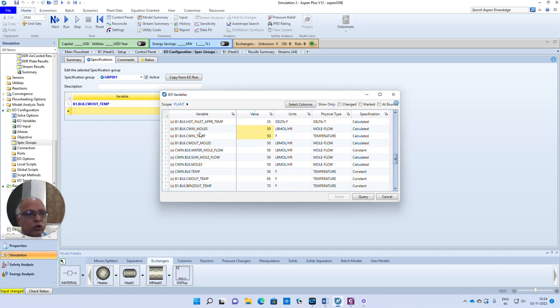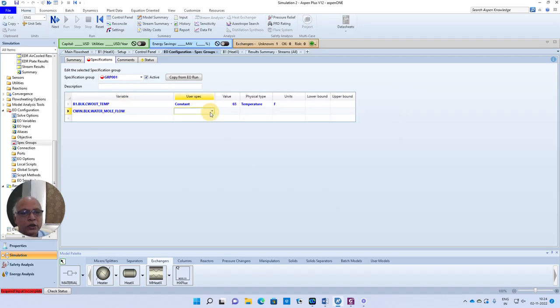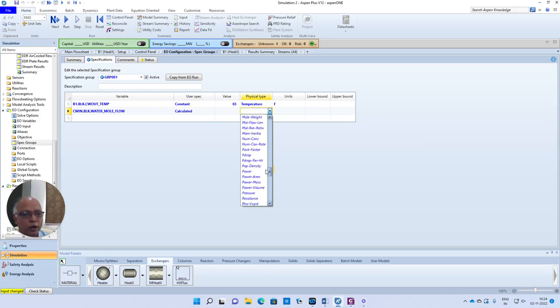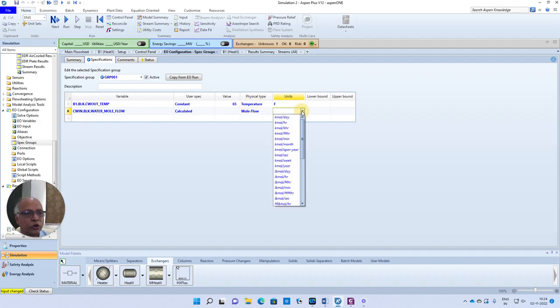Water in, cooling water flow rate, water mole flow. This is the one that we need to select, 50. Now calculated variable, units lbmols per hour.